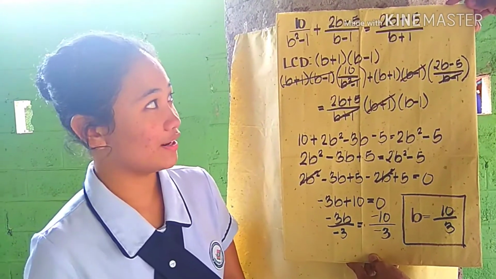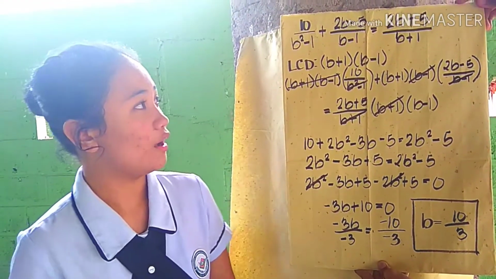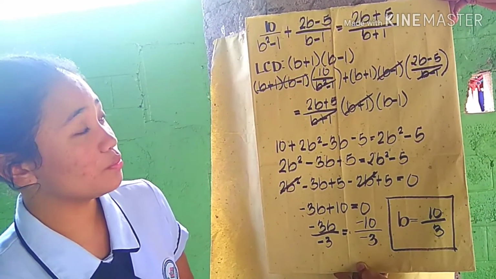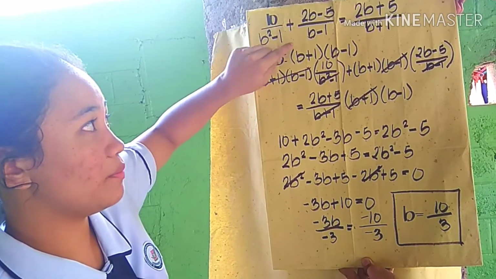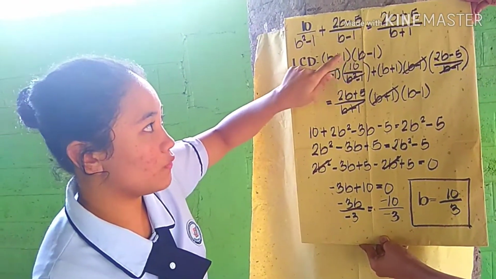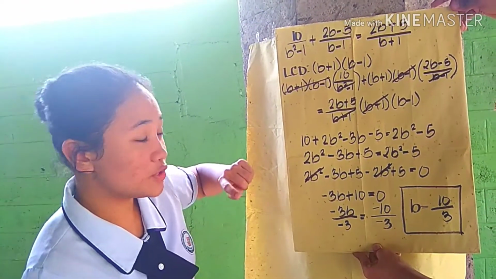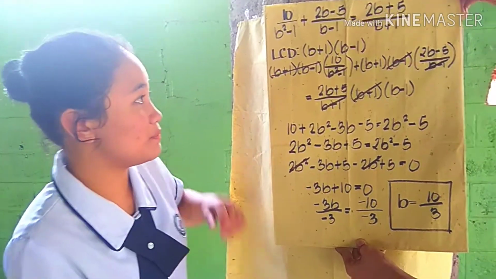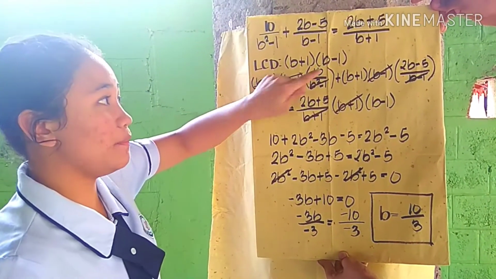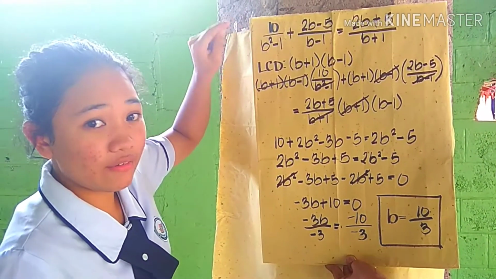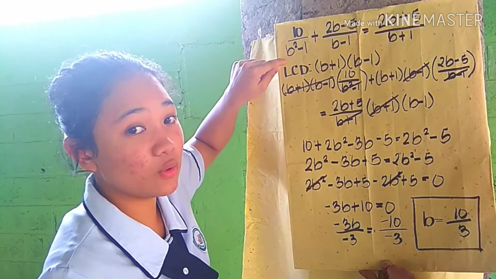Okay, let's have our second example. 10 over b squared minus 1 plus 2b minus 5 over b minus 1 equals 2b plus 5 over b plus 1. So first, let's find our LCD. Our LCD in this equation is b plus 1 multiplied by b minus 1. Then multiply it to every rational expression in this equation.